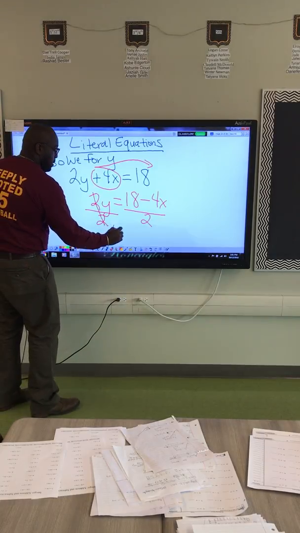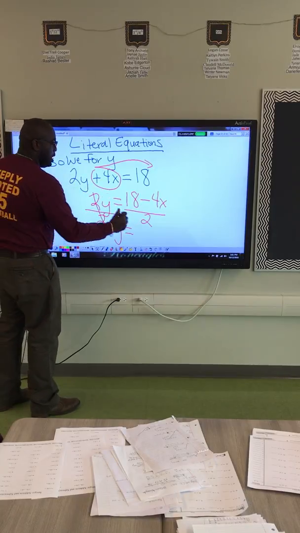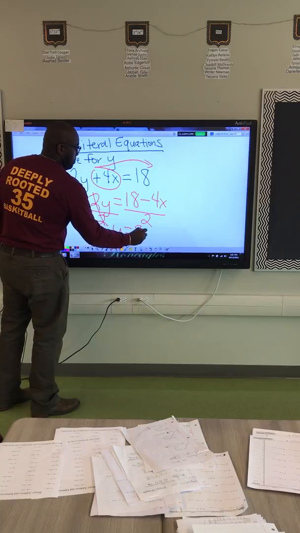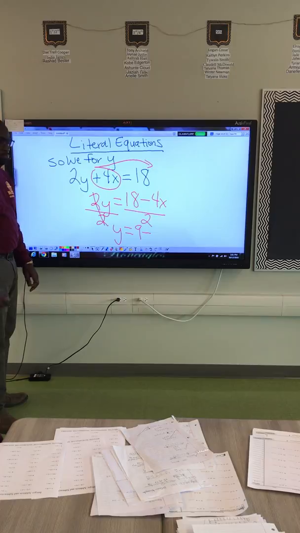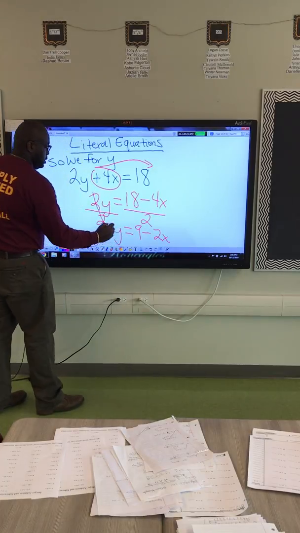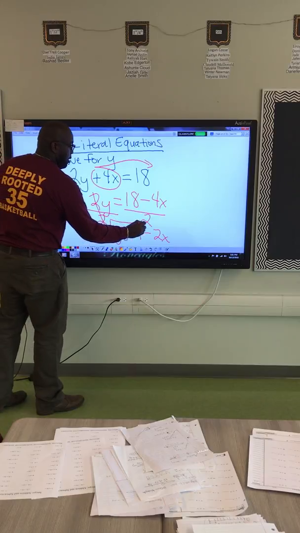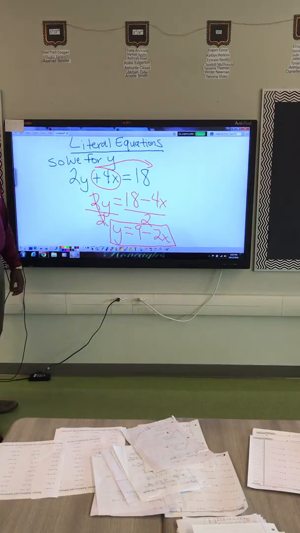That's just y. 18 divided by 2, 9. Good job. And 4 divided by 2, 2. Let's keep our x. Good job. Our answer is, I'm sorry, y equals 9 minus 2x.